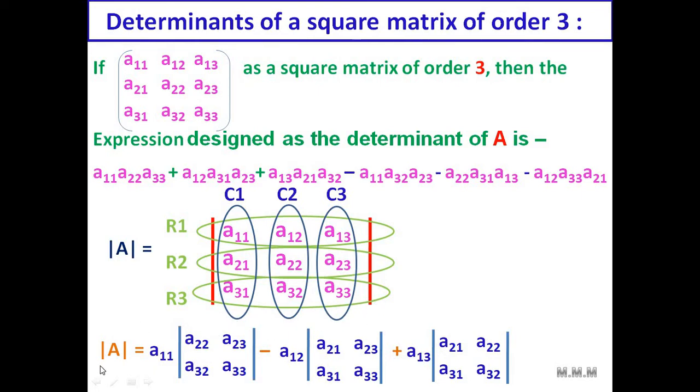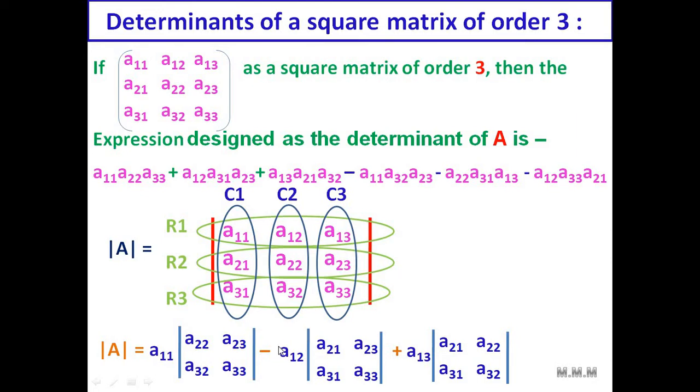It can be solved in this way also. For |A|, if we take a11, then the first row and first column will be left, and a22, a23, a32, a33 will be written here as a 2 by 2 matrix. a11 is plus here.